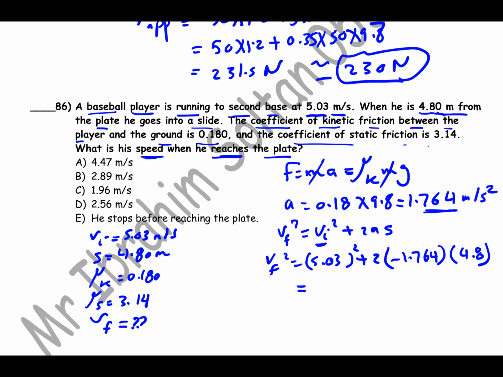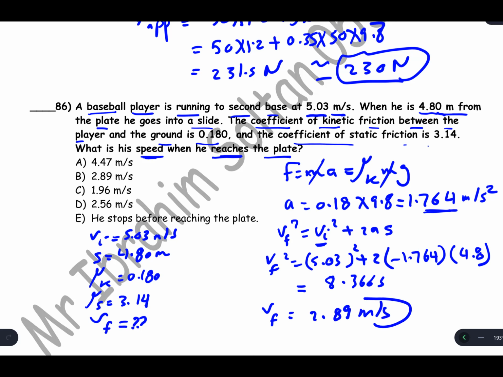Let's calculate it with the calculator. 8.3665. So V final equals 2.89 meters per second. This is the final velocity and it is letter B.